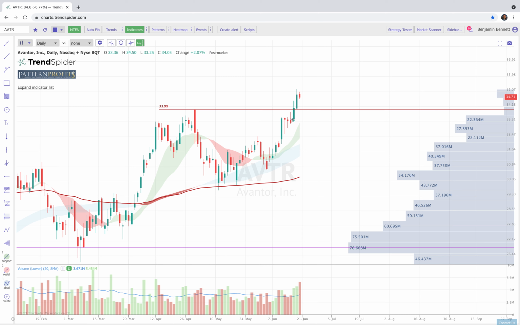What I pointed out was how this inside little consolidation here set up the move to take out this pivot at 33.99. So the setup is just this little consolidation, and as it came out, it took out that 33.99 pivot.